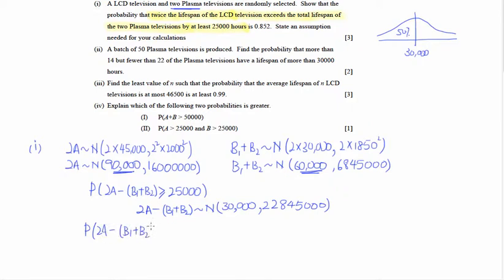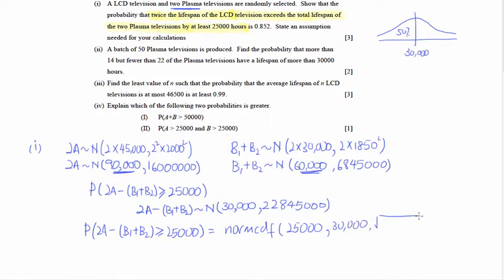Because I believe this is pretty easy and straightforward, I'm not going to waste too much time showing you a screenshot of how the GC looks like. But I'm quite sure you know what to do, right? So you go to normal CDF. You key in the lower limit, which will be your 25,000, and then the mean, which is the 30,000, and of course the standard deviation.